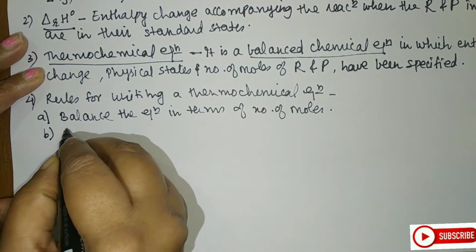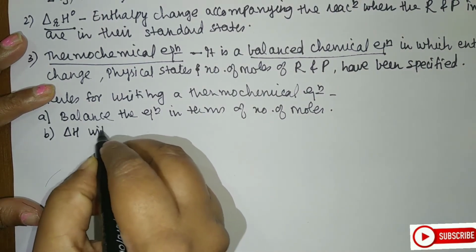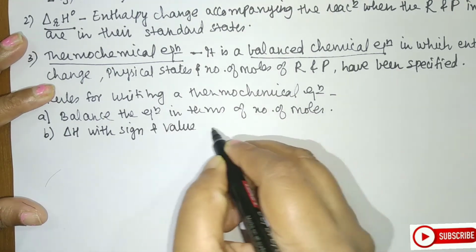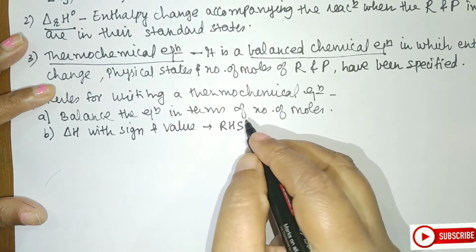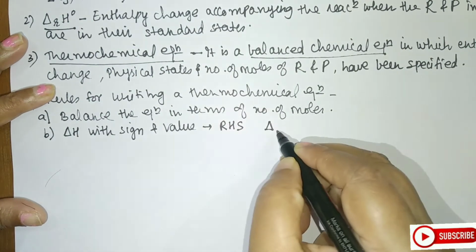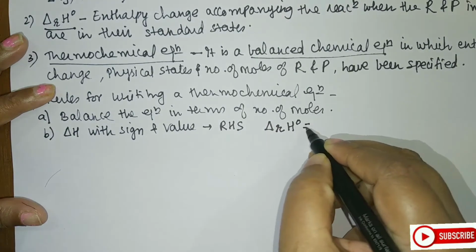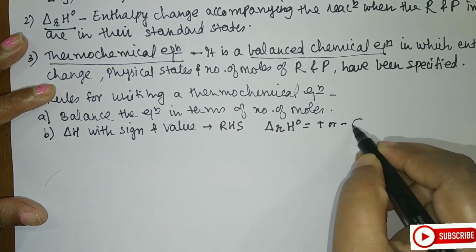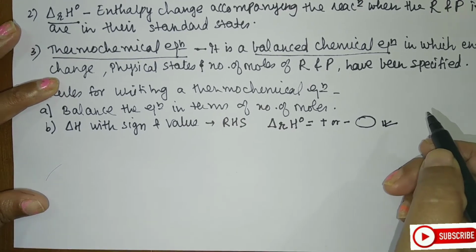So the energy change, that is delta H, with sign and its value must be written to the right hand side of the equation. If I am writing for a reaction, then delta H must be written with the sign, whether it is plus or minus, and a proper value, on the right hand side of the equation.